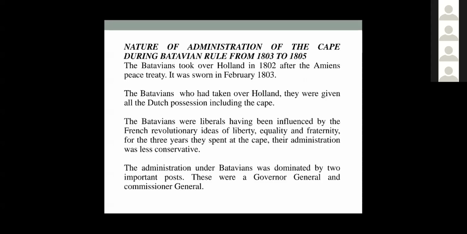When you look at the Cape during the Batavian rule from 1803 to 1805 or 1806, because they ruled for 3 years. The Batavians took over Holland in 1802 after the Amiens Peace Treaty. It was sworn in February 1803.